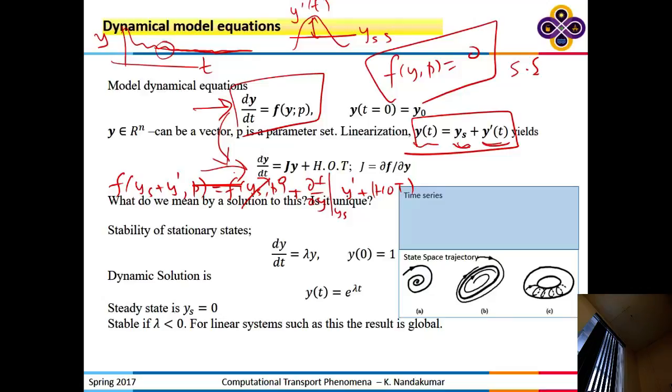If y prime is small, I can neglect y prime square. So any question? So in this particular problem, ys equal to 0 is the steady state, and the steady state is stable or unstable depending on the real part of that lambda. Lambda is called eigenvalue. Okay?